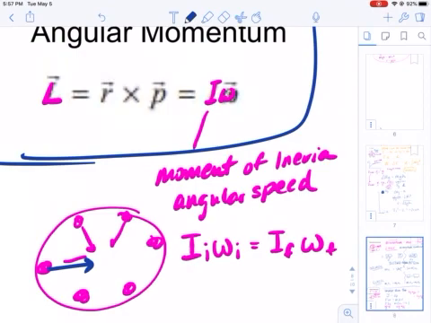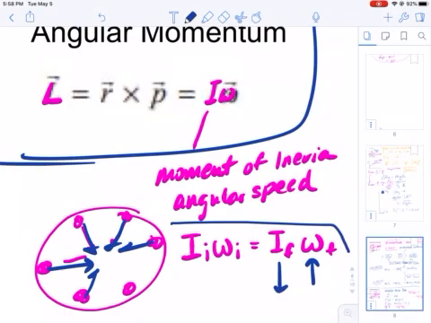This formula here is a cross product. This is actually saying that the angular momentum of an object that is spinning is directed through the axis of rotation. So if I had a bicycle wheel, I'm just going to think about one particle on the wheel for a moment.